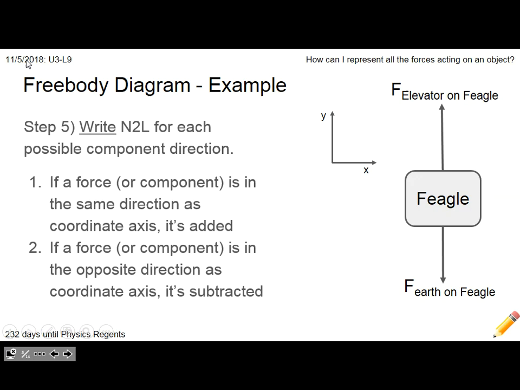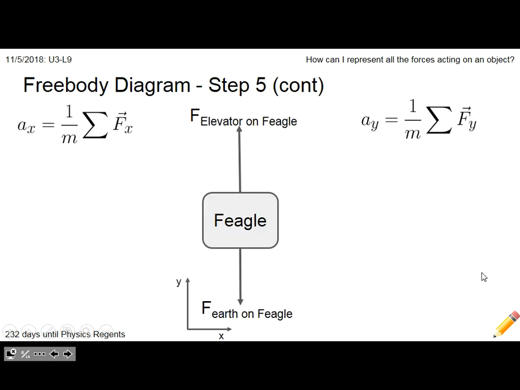So I like to think about doing this as two different columns. I'll do a column where I'm thinking about what's happening in the x direction and a column about what's happening in the y direction. So this is just our drawing. Again, I just moved it to the middle, and I'm thinking about x and I'm thinking about y. What I've done is I've rewritten Newton's second law a little bit.